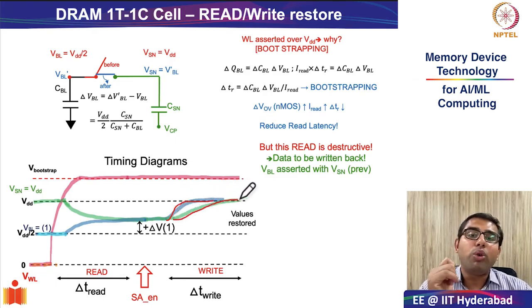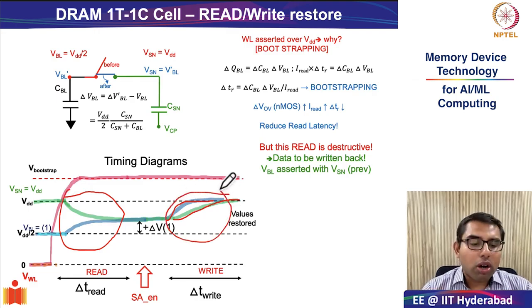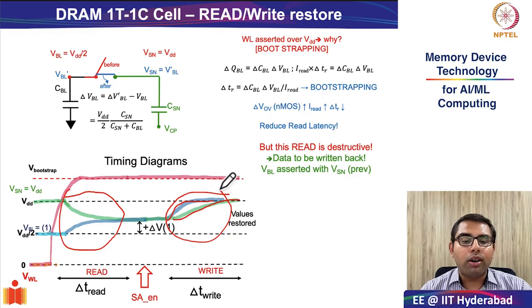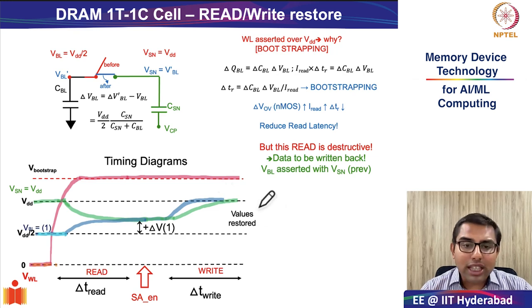And this is how you facilitate the write operation. So you did a read in the first stage, which was destructive, and to take care of that, you did a write operation, or what you called a write back operation. And this is the entire process of read and restore. So the values, as you can see, are restored.